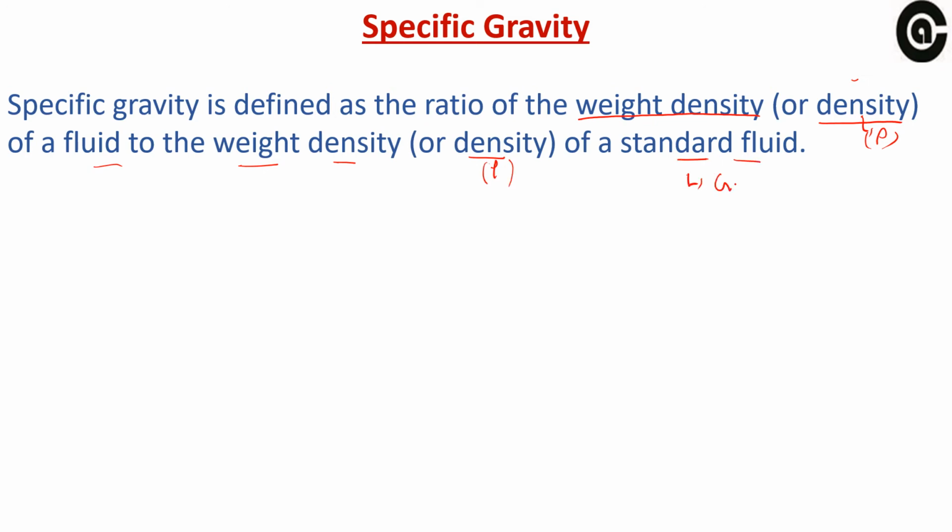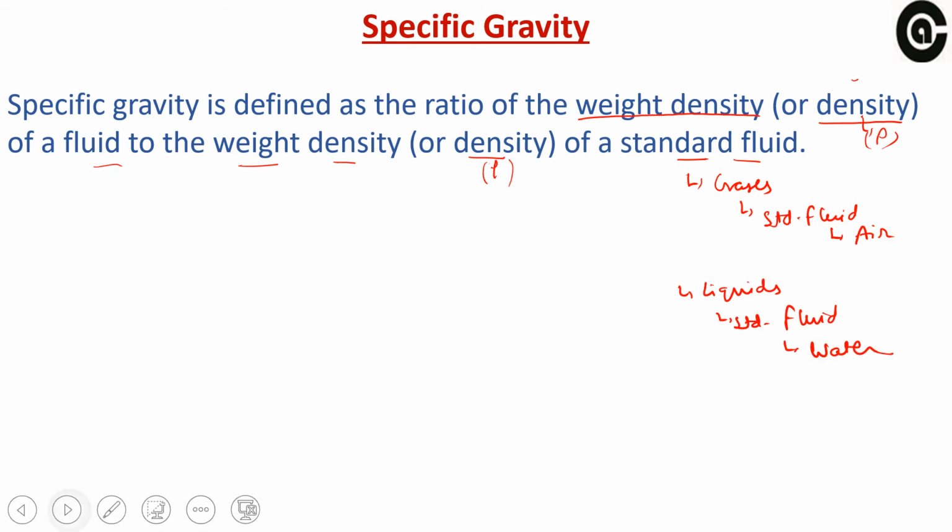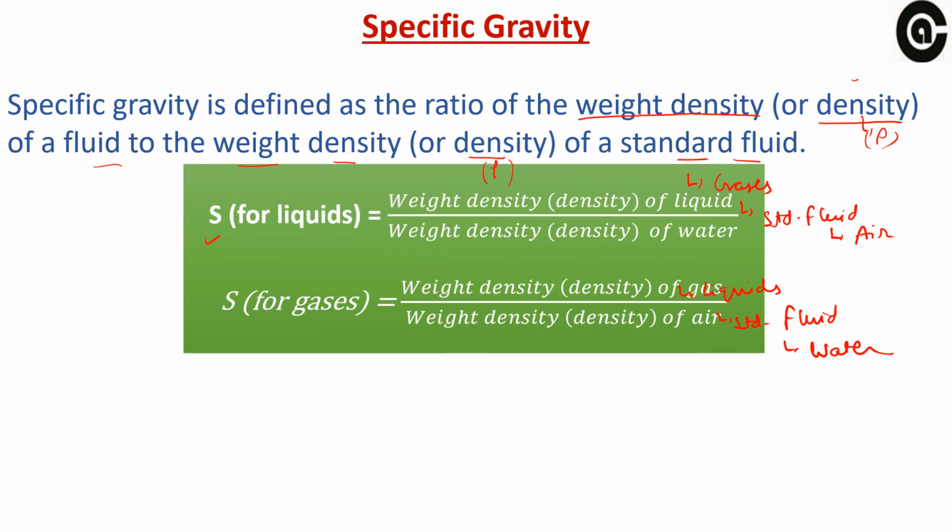In case of gases, the standard fluid is taken as air, whereas in case of liquids, the standard fluid is taken as water. So specific gravity for liquids is given by weight density or density of liquid to the weight density or density of water, and for gases it is weight density or density of gas to the weight density or density of air.